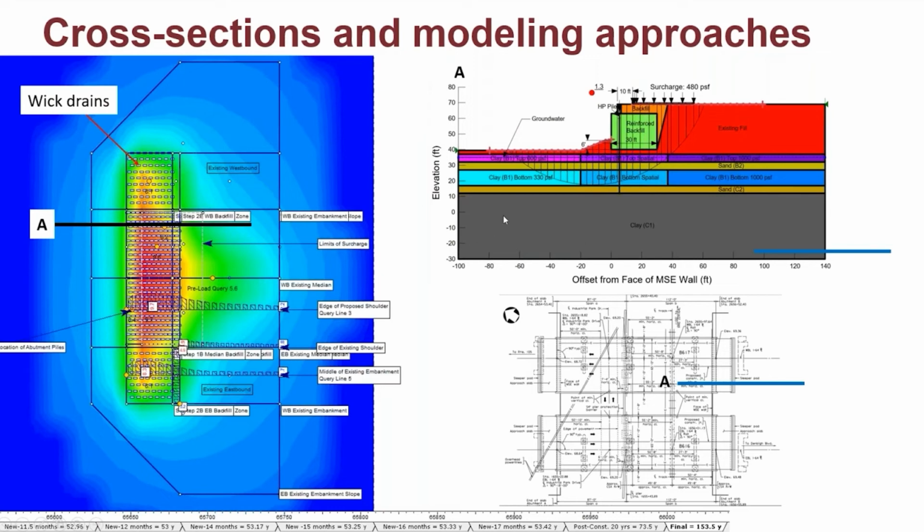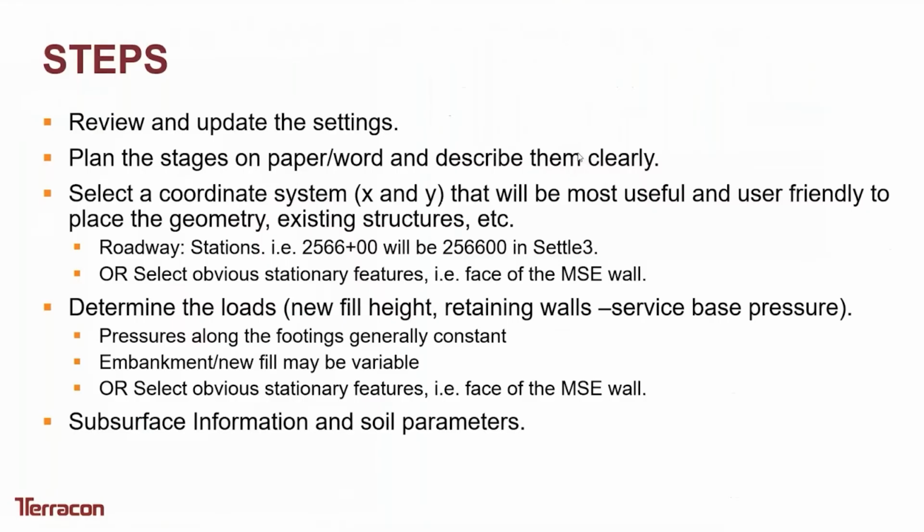So we tried to model this such that we can capture this distribution where it was sloping. So that's what you are seeing here. We modeled it from about 50 years ago, and that is the limit of this new fill that you are seeing.